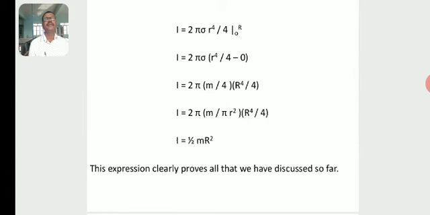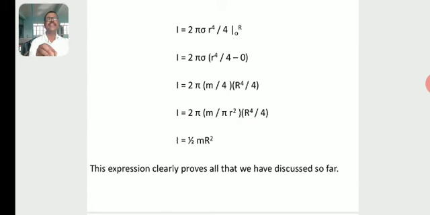Then further, I is equal to 2 pi m by A into R to the 4 by 4, where sigma is replaced by m by A, mass by area. Then I is equal to 2 pi m, where A is replaced by pi r square, into R square by 4. After simplification we get I is equal to half m r square.